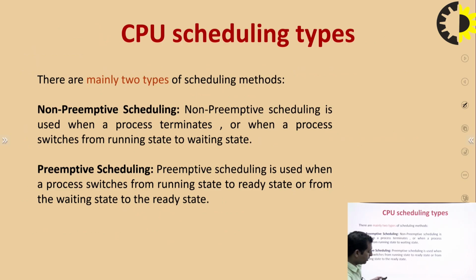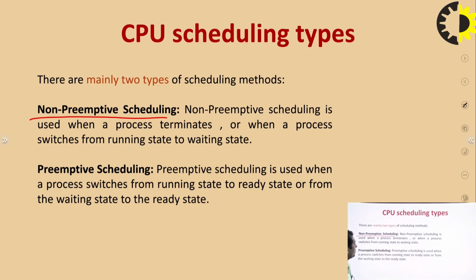Now, CPU scheduling. There are two types of CPU scheduling. First is the non-preemptive approach. Non-preemptive scheduling is used when a process terminates or when a process switches from the running state to the waiting state.